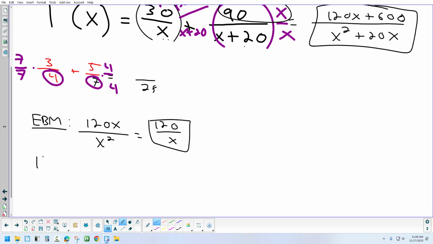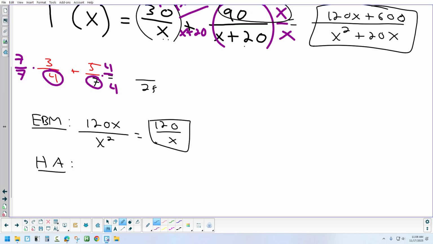Now we can use that to find the horizontal asymptote. Does anyone remember what you let x approach to find your horizontal asymptote? Negative infinity or infinity. Yep. You let x get bigger and bigger and bigger, and you tell me what happens to what's inside that box.